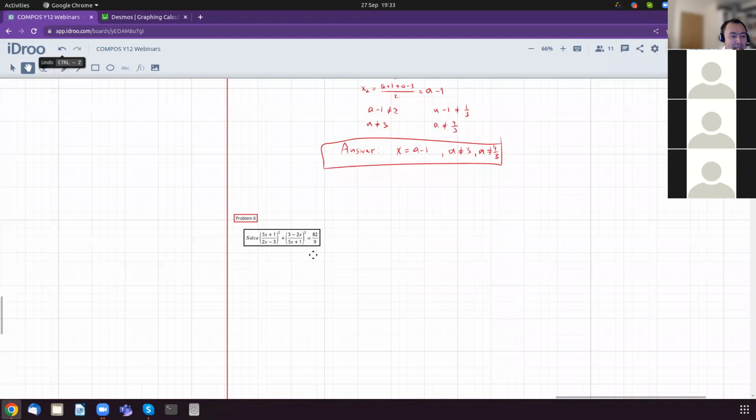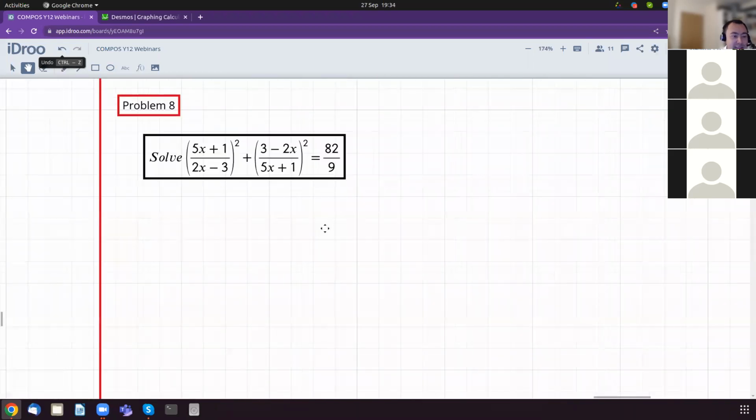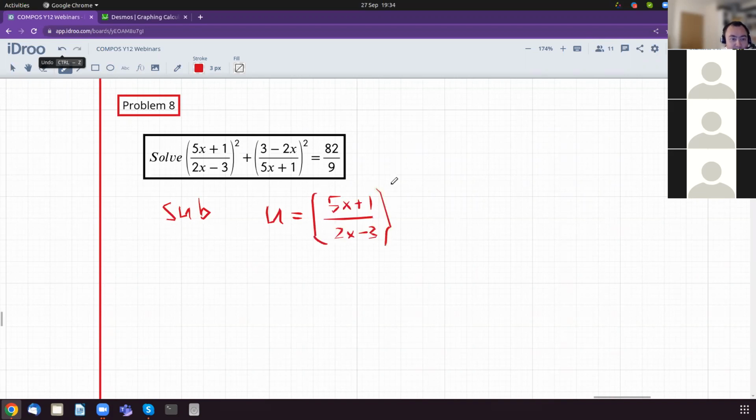Okay, and the last one is, I'd say, the easiest one of today's. It doesn't look easy, but actually it is. All you need to do is substitution. Substitution: u is ((5x plus 1) over (2x minus 3)) squared.